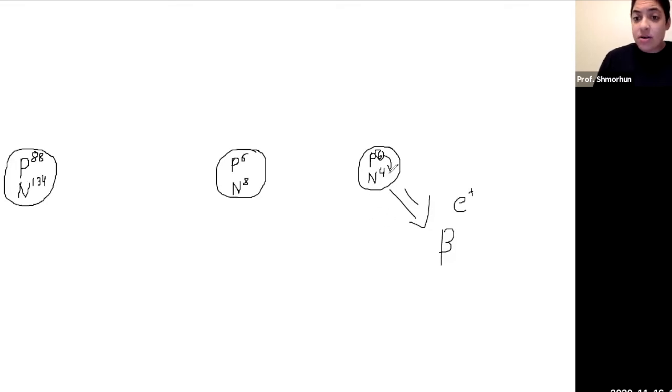So now, because one of these protons has changed into a neutron, the center of this nucleus now has 5 protons and 5 neutrons, which means that this atom is no longer a carbon isotope. It is now a stable atom of boron.